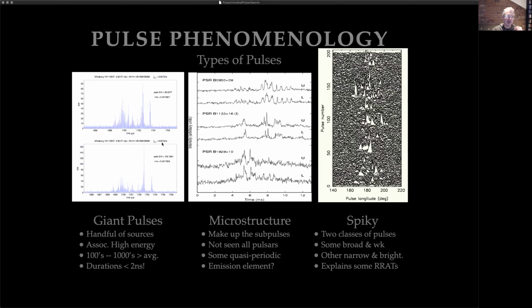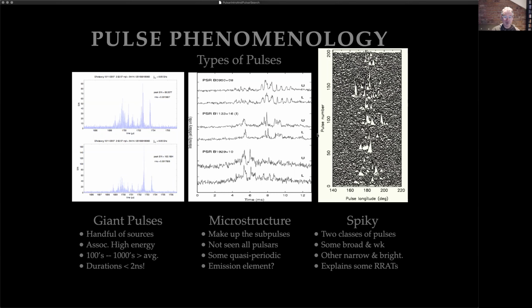The plot here is for the Crab pulsar, and you can see that each of these little spikes is one of these giant pulses, or they go to make up a giant pulse. The finest structure that we have measured so far in any of these objects is narrower than 2 nanoseconds. That's incredibly tiny. We're resolving a feature of less than a meter in size somewhere in that pulsar emission region.